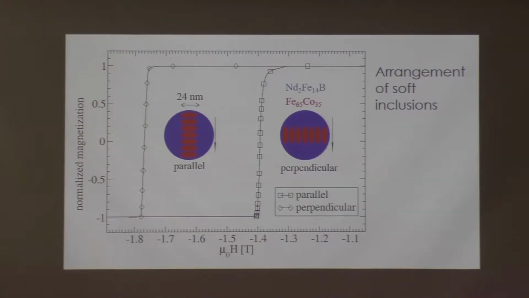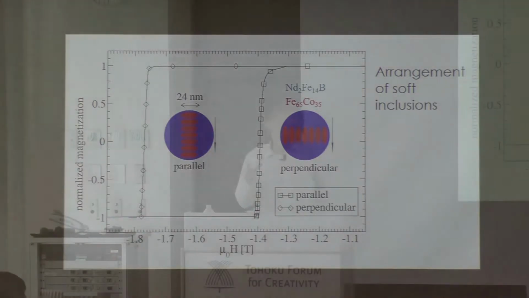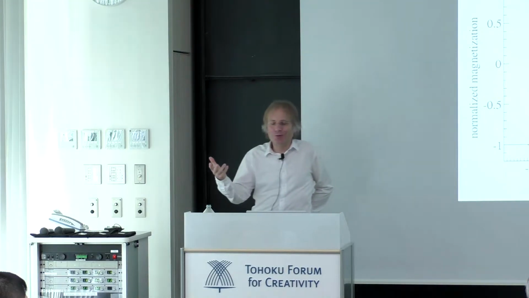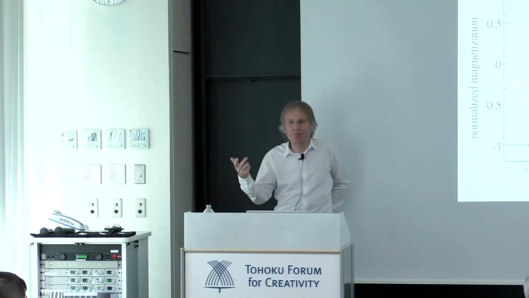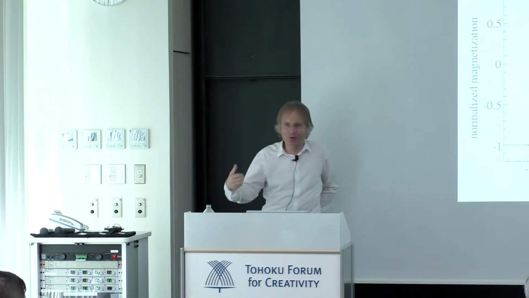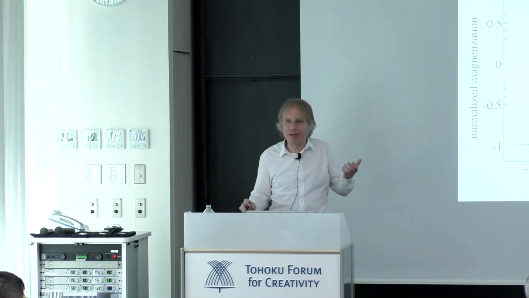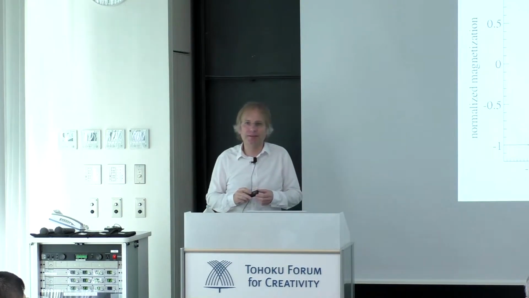Now the question is, hypothetically, if we have the possibility to tweak the way we put the soft magnetic inclusions into our hard magnetic phase, does the arrangement of our soft inclusions have some influence on the magnetic properties?